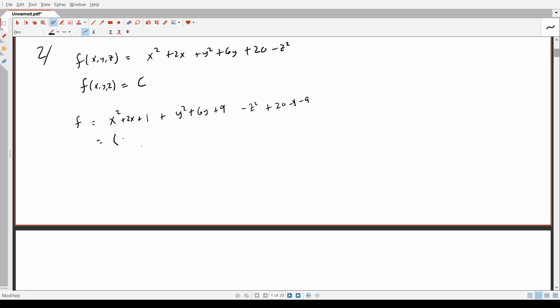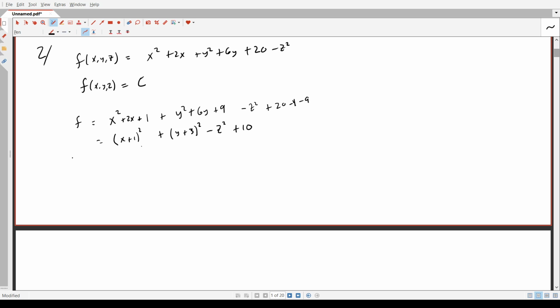Which can be factored as x plus 1 squared plus y plus 3 squared minus z squared plus 10.